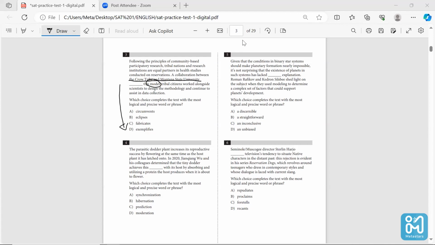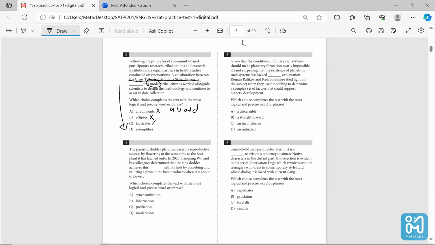Eclipses. Yes, and what else? Circumvents, you know what it means, which means avoid, right? Thank you so much. And what about fabricates? Fabricates is a negative one. We're not looking for a negative one.